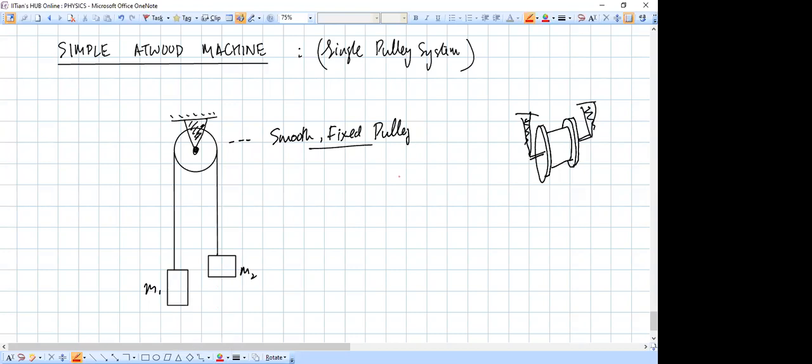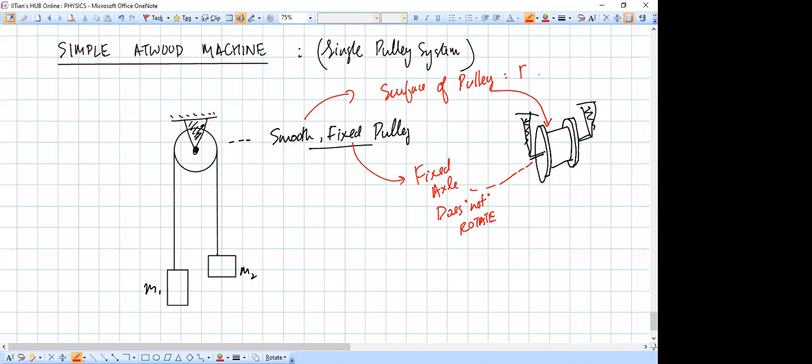That it's got a fixed axle. So this axle does not rotate. And smooth means that the surface of the pulley is frictionless. So the thread or the rope slips without any friction acting on it.